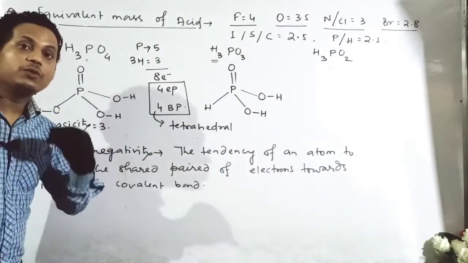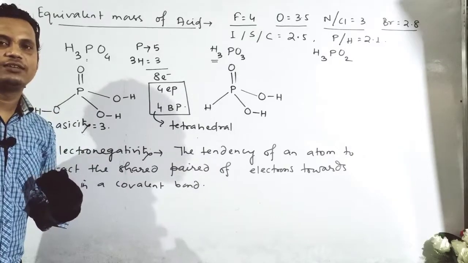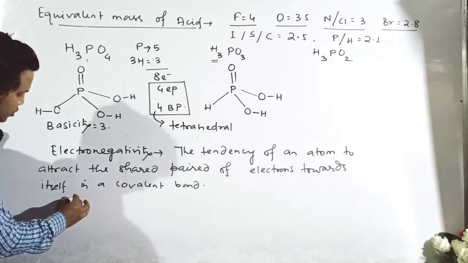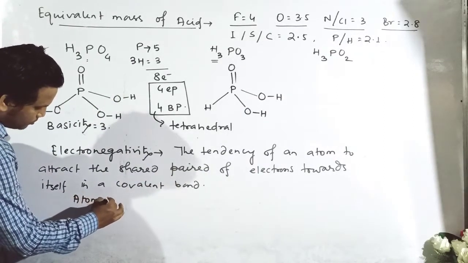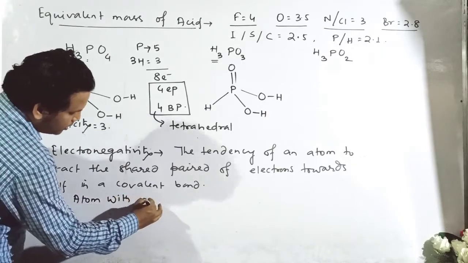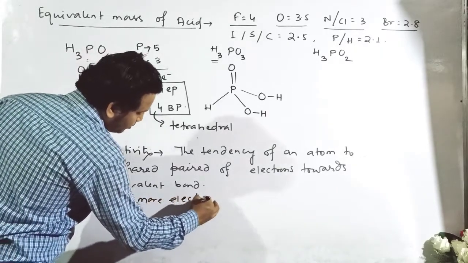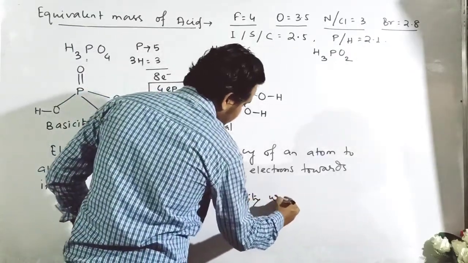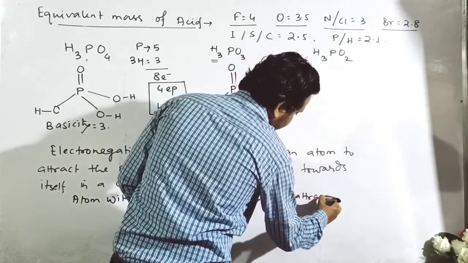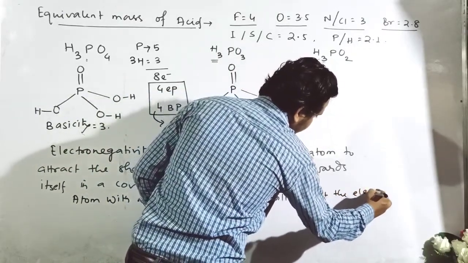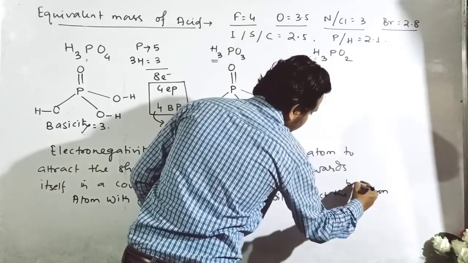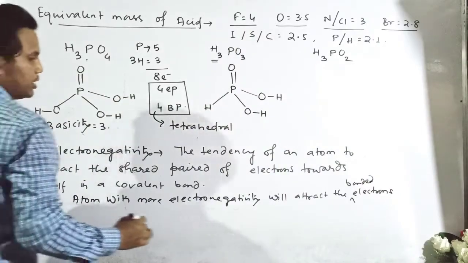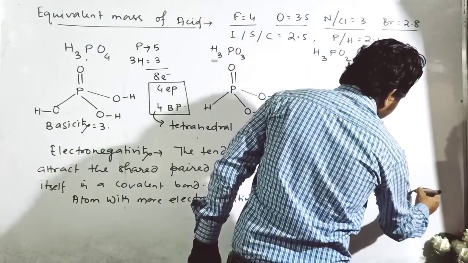The atom with more electronegativity will attract the bonded electrons towards its shell.